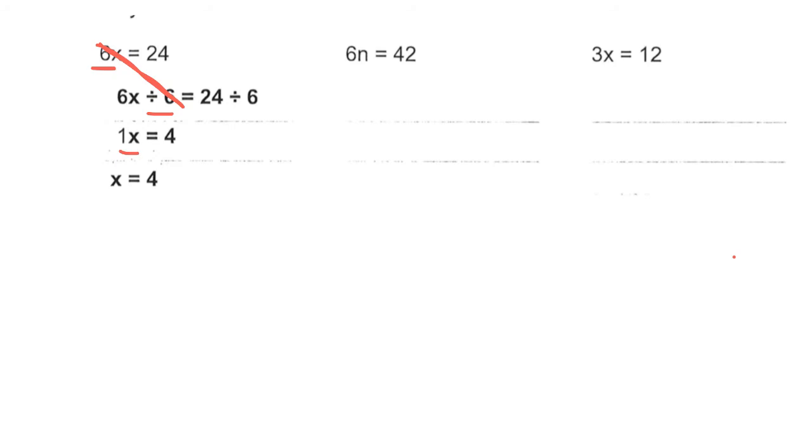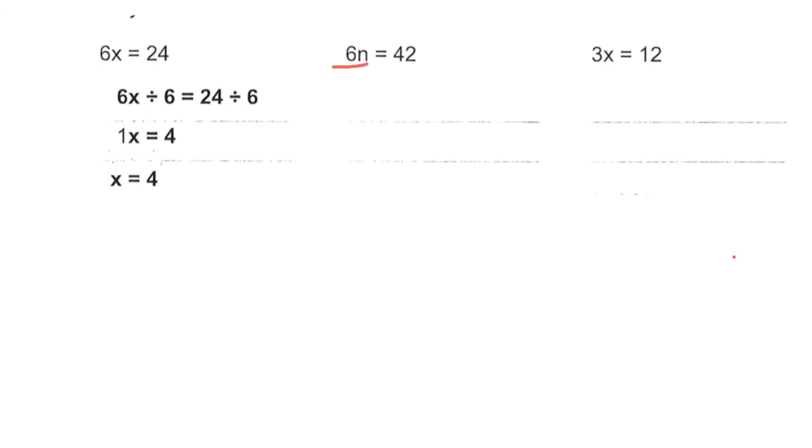Okay, so what I had shown you guys is that this version where they use the traditional division symbol, instead of that fraction style division symbol, just makes things look a little bit messier, and I don't really like that. So I like to use that division bar. So 6n equals 42.